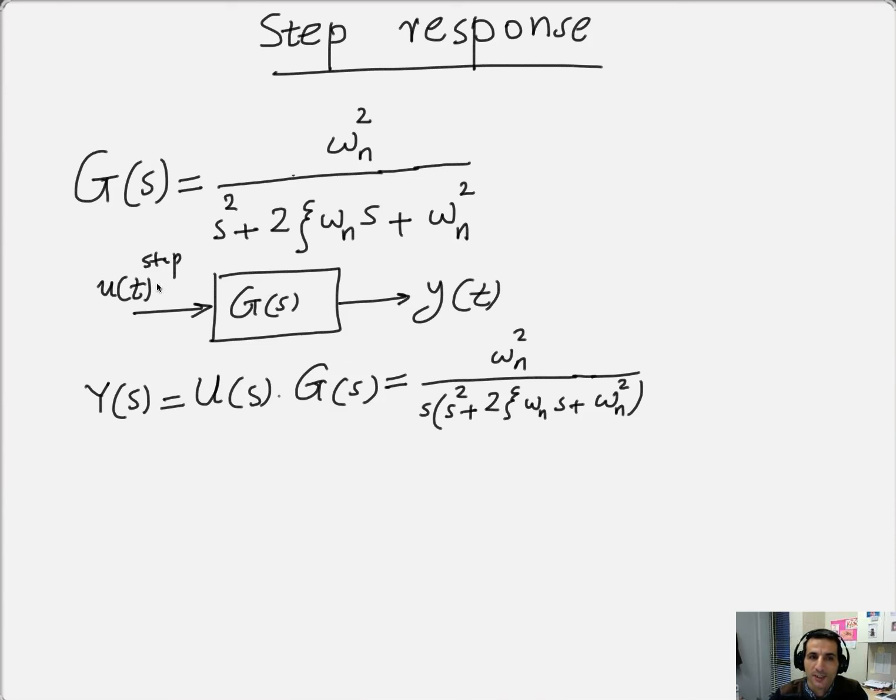Now if the input to the system is just a step function u of t, then the Laplace transform of the response Y of s is going to be G of s multiplied by the Laplace transform of the input, U of s. If your input is a step function, then U of s is just going to be 1 over s. And therefore, G of s multiplied by 1 over s is going to be what you see here.